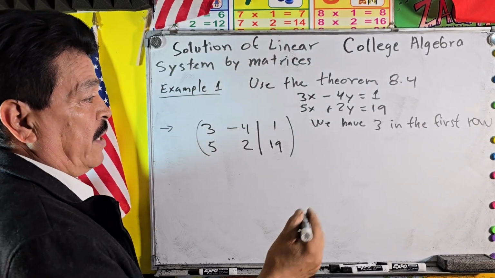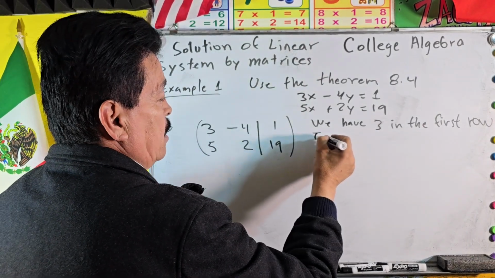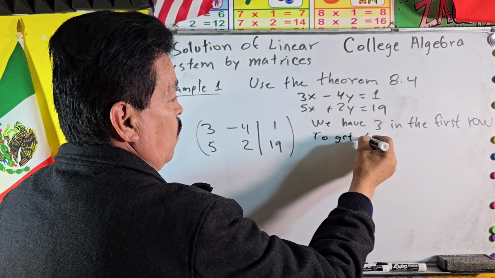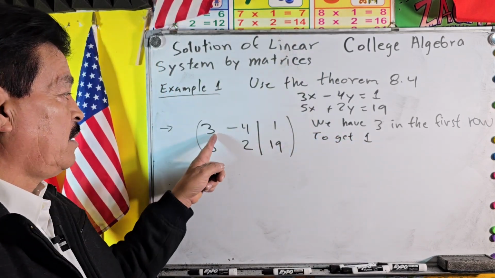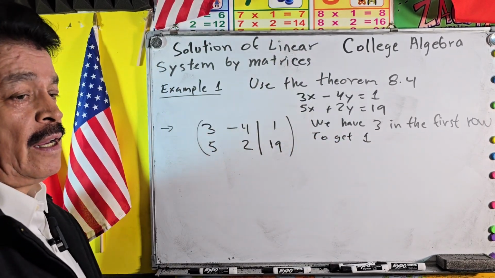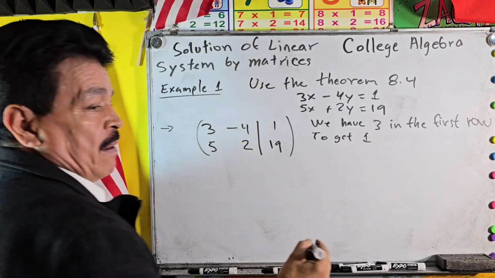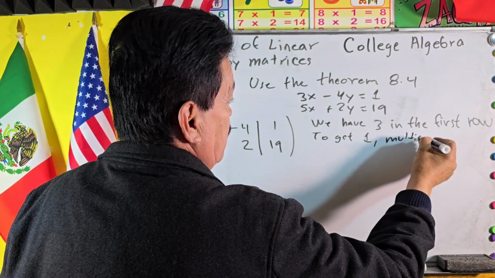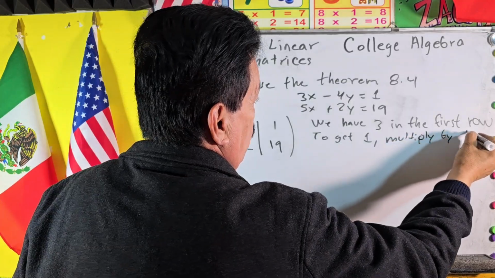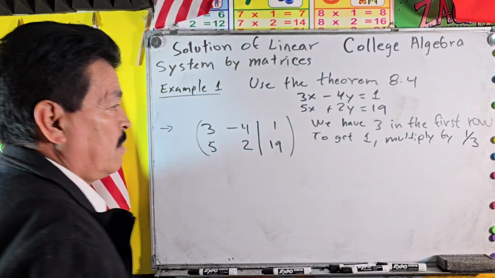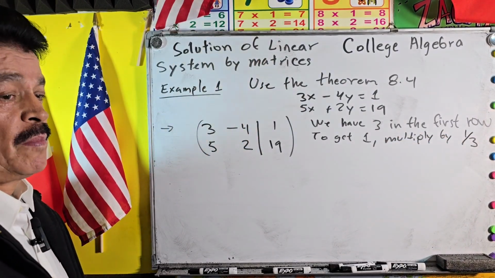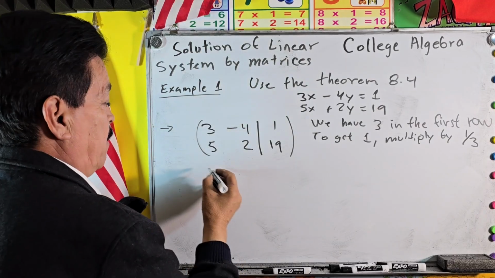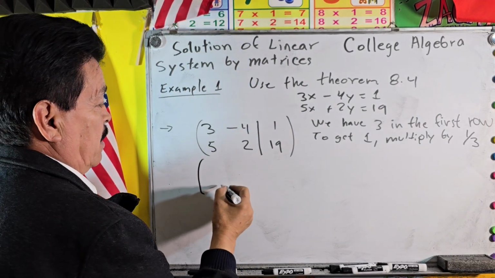To get 1 right here, we have to multiply by 1/3. Then we have a next step here.